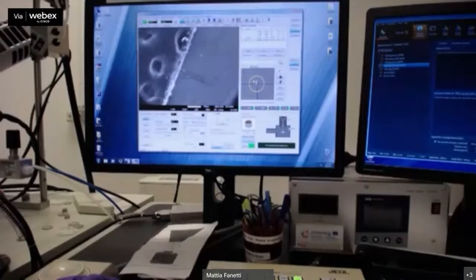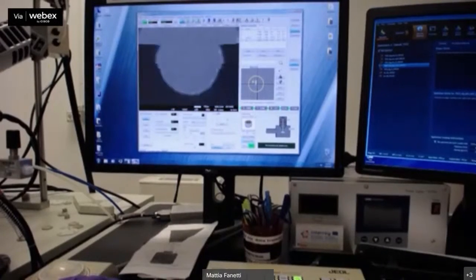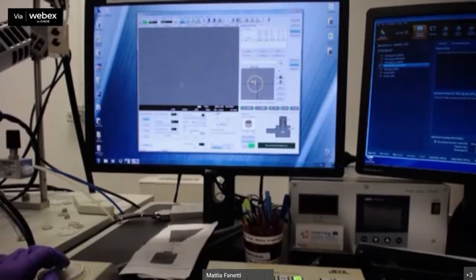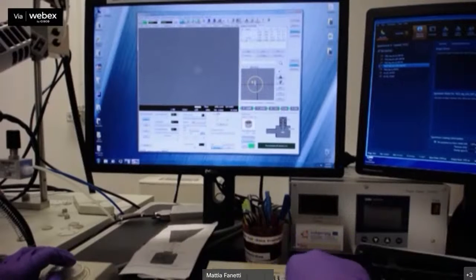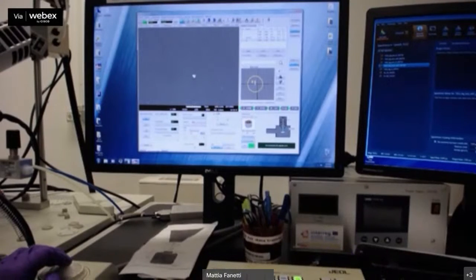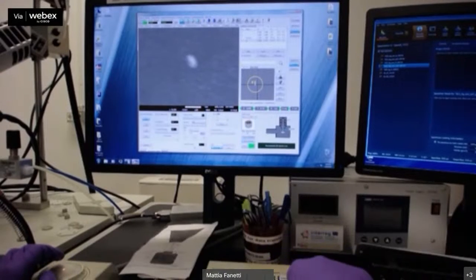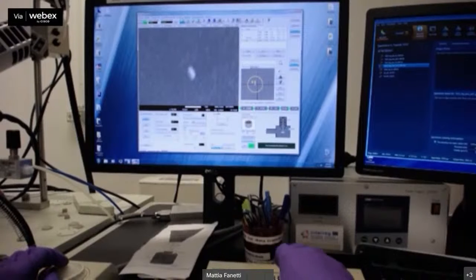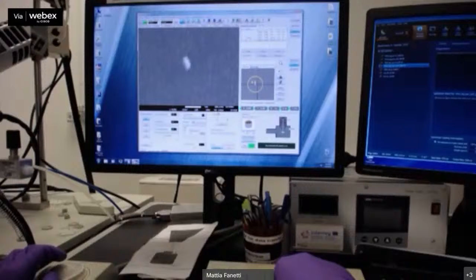This is the carbon tape. Sample. Now we have to find a small feature to get aligned. Okay. Now just be patient 1 more minute while I perform the alignment.